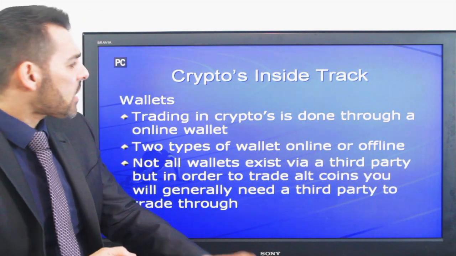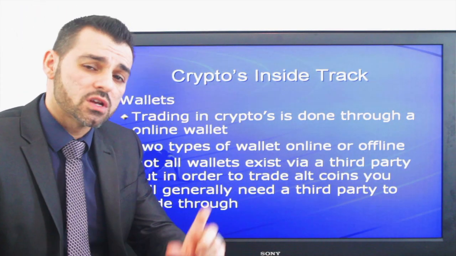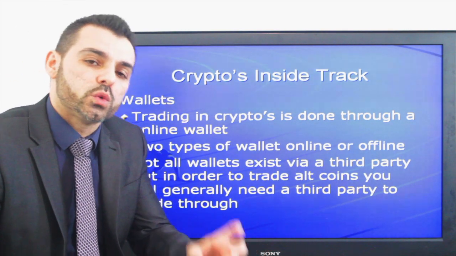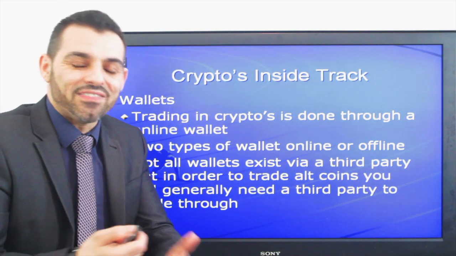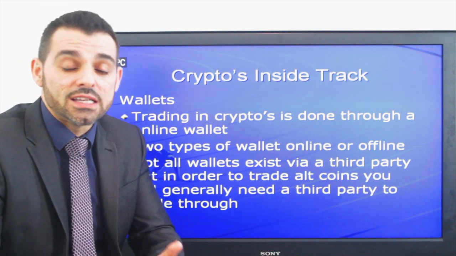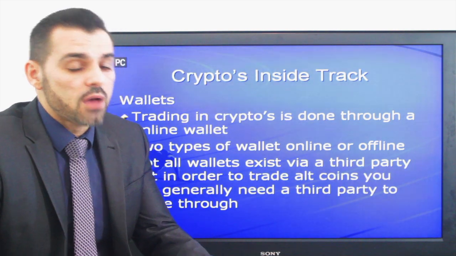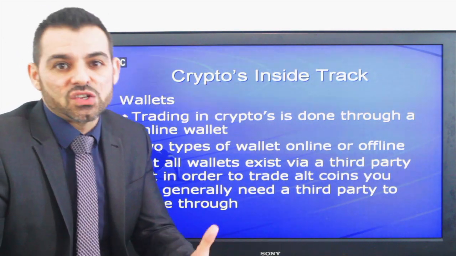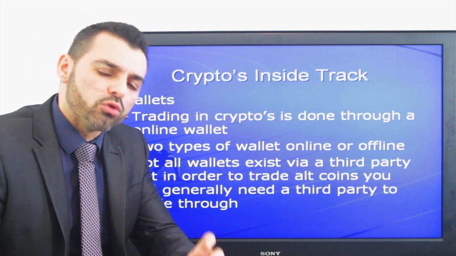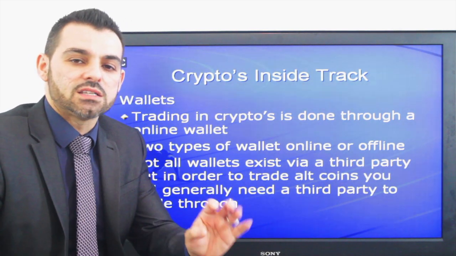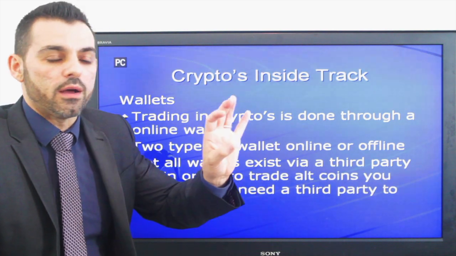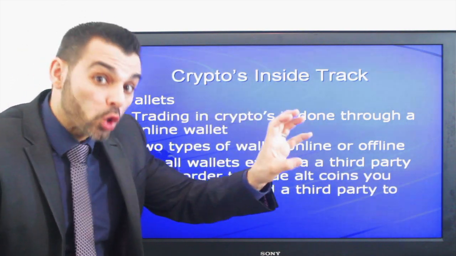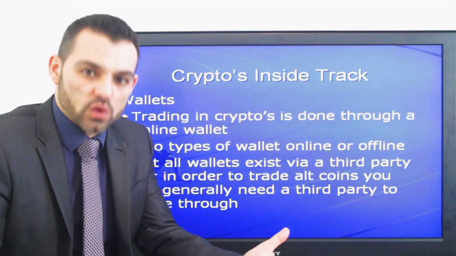Now, as we've already said, there are two different types. One is online and one is offline, often referred to as a hot wallet and a cold wallet. The reason we need to know that is simply because of security, which we are going to talk about at a later stage. Essentially, a hot wallet or an online wallet means the coins you have are accessible, and they're basically online as you would find anything else online.